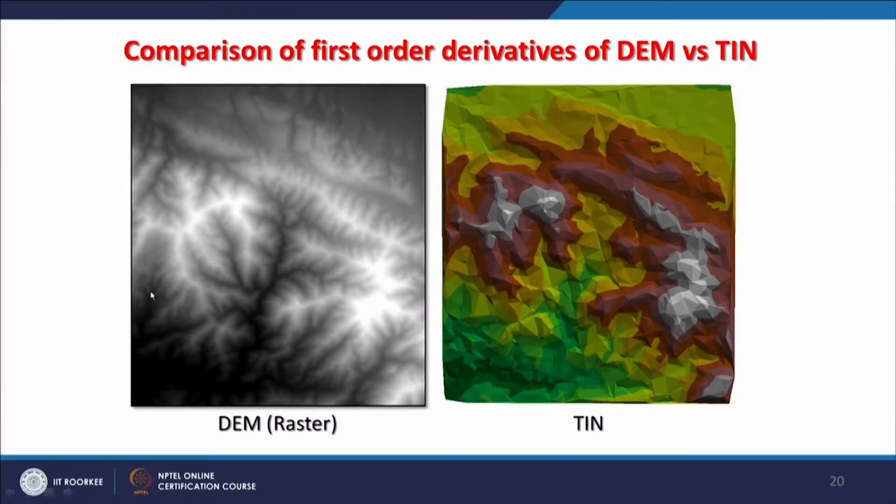Two things we have to observe while comparing a DEM with TIN are the boundary area and how it is inside. When we create a digital elevation model of a typical terrain, it looks something like this. For the same area, the same example digital elevation model, a TIN has been created here.